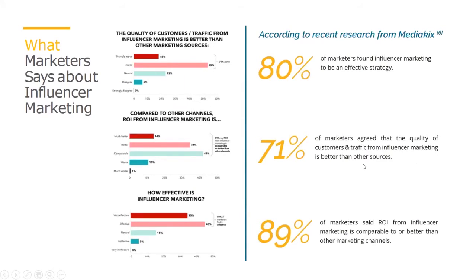That means what they share from their website, their experience, and their comments is much more important than a celebrity talking, because that is their real experience sharing the quality of the products. And almost 90% of marketers say ROI from influencer marketing is comparable to or better than other marketing channels.